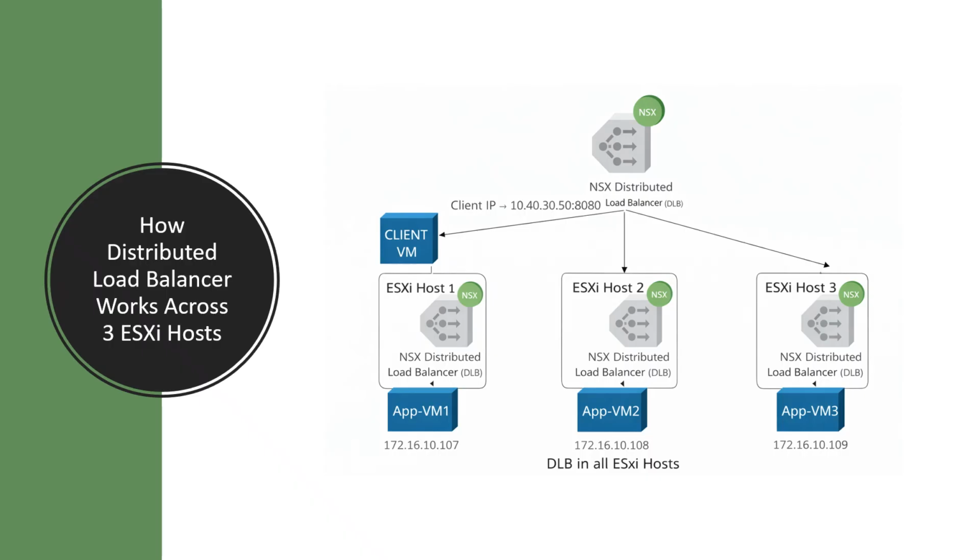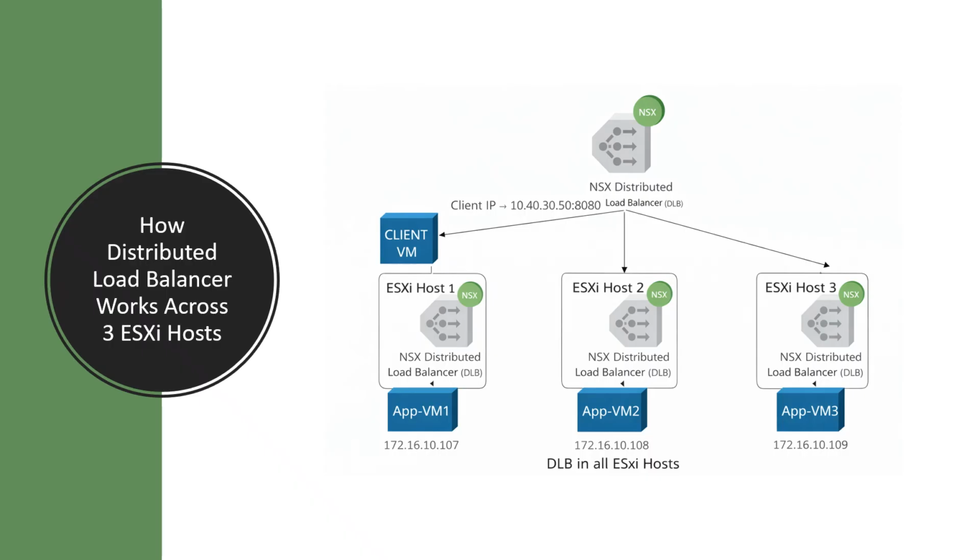Now the next question might come to you: how does ESXi host 1 decide which VM to send traffic to? It is going to use a hashing algorithm at the backend. The hash might be calculated using the client IP, the virtual IP address, the destination port, and the protocol.